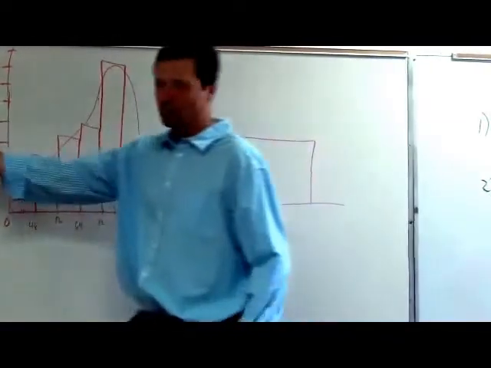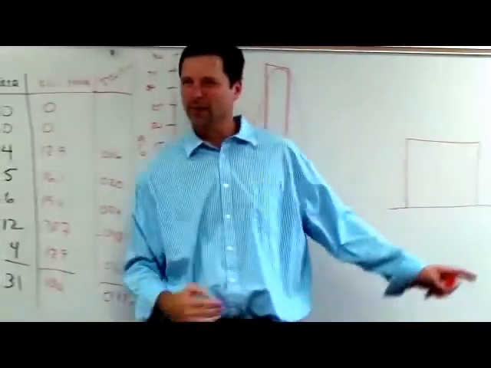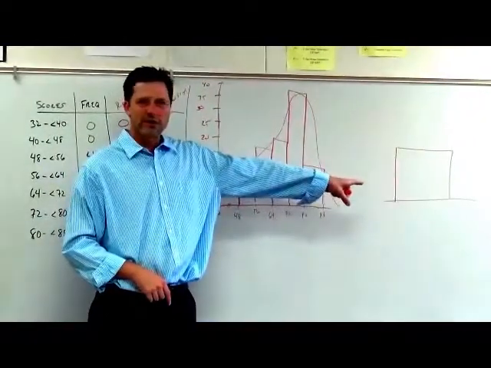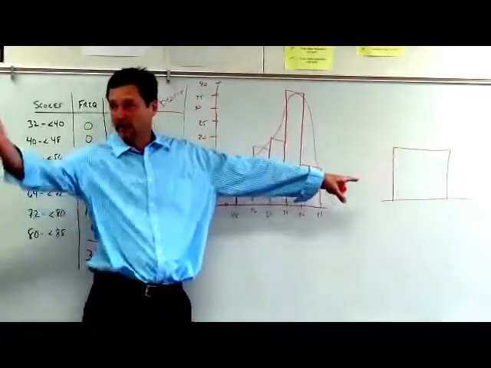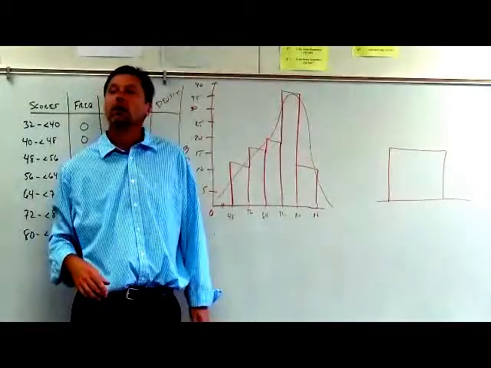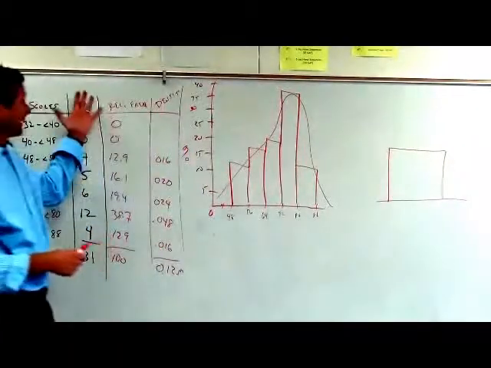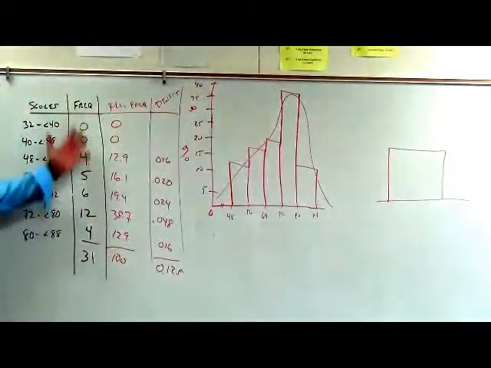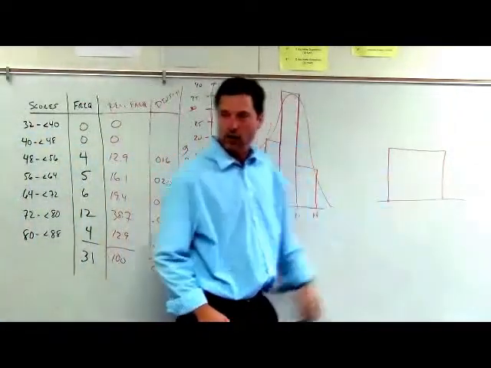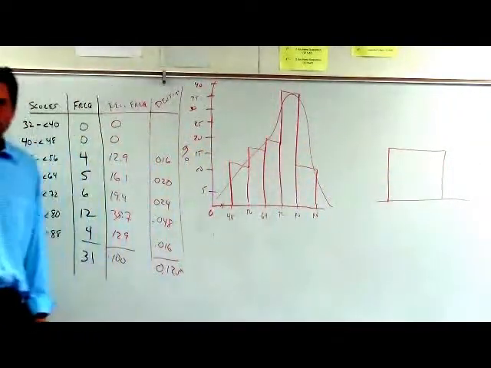What kind of a distribution chart would end up with that kind of a curve? What would this thing look like that would end up giving us a density curve that looks like that?